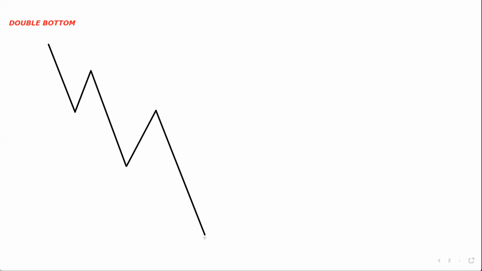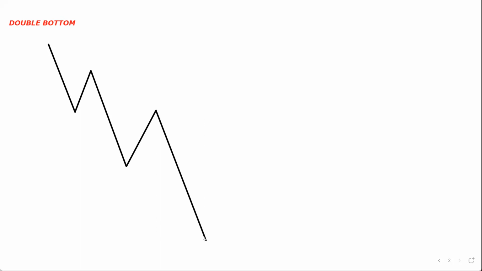The market is creating lower lows and lower highs. So the market is moving in a downtrend, creating lower lows and lower highs. Then at one point, we see that lower low right there.